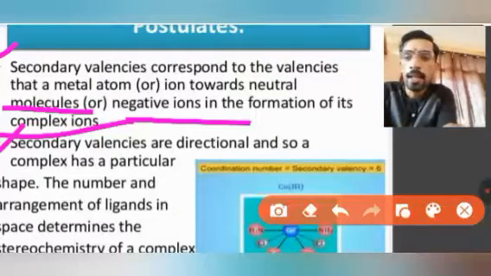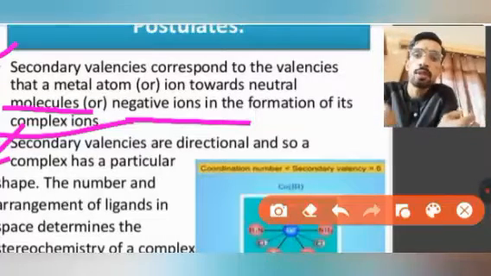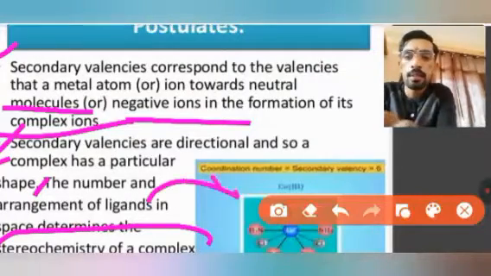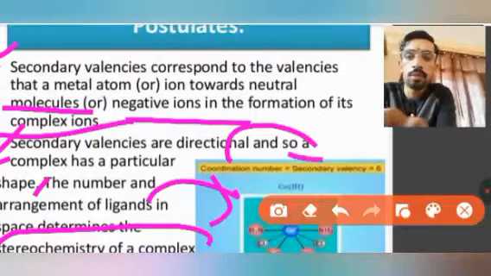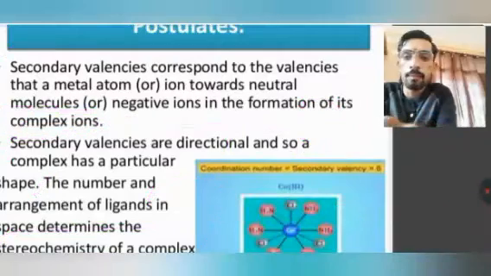As a complex has a particular shape, secondary valency is responsible for shape, primary valency is responsible for oxidation number. Okay, you can learn like this way also. The number of arrangement of ligand in the space determines the stoichiometry of the complex. Same thing is there, coordination number is equal to secondary valency, and secondary valency is equal to 6. So total how many molecules are there?